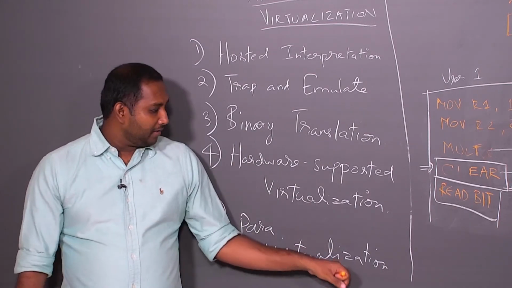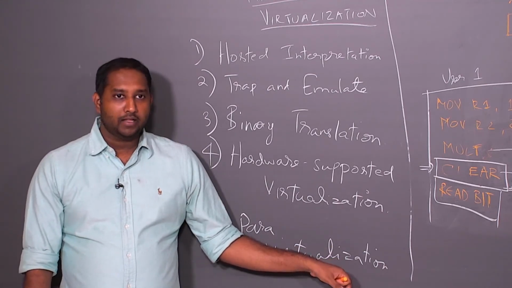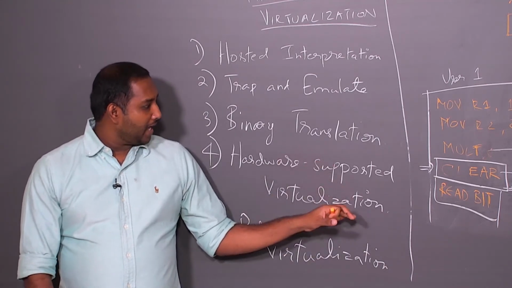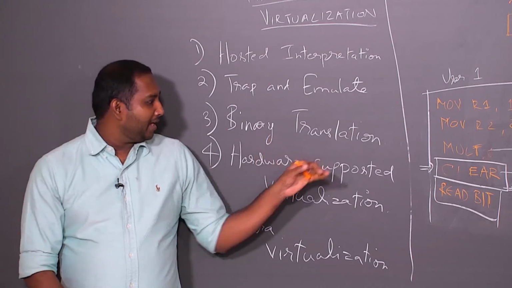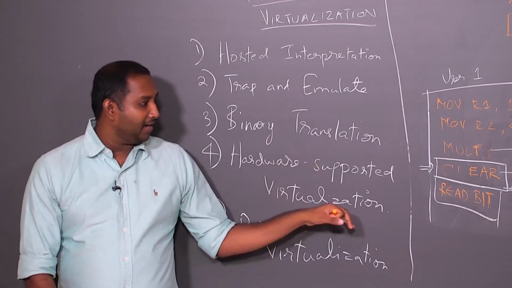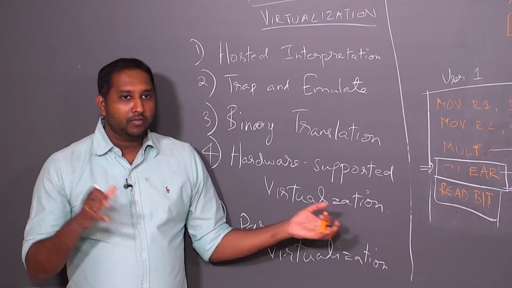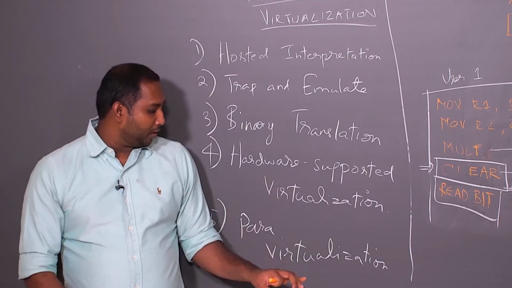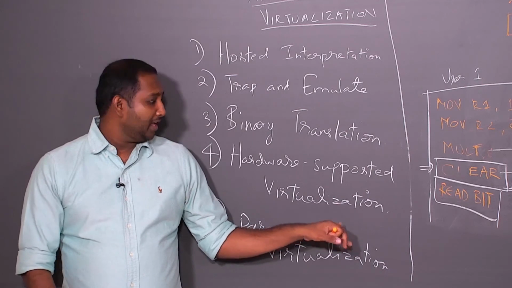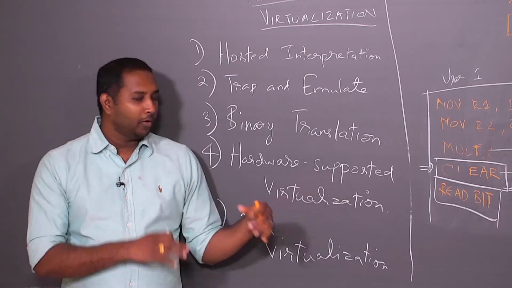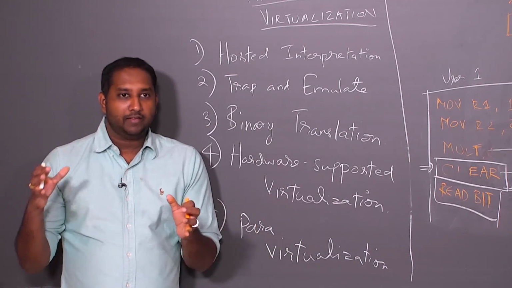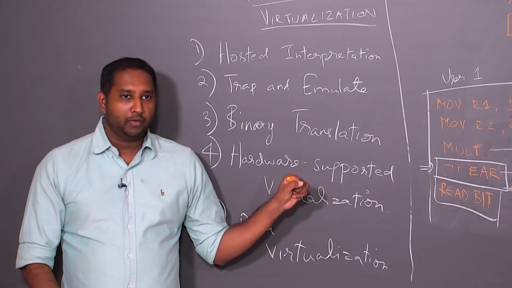So para virtualization was a big idea that was very popular in between binary translation and hardware supported virtualization. There was a time when Amazon, for example, supported both Xen para virtualization and hardware supported virtualization. But over time, the shift has been more towards hardware supported virtualization.